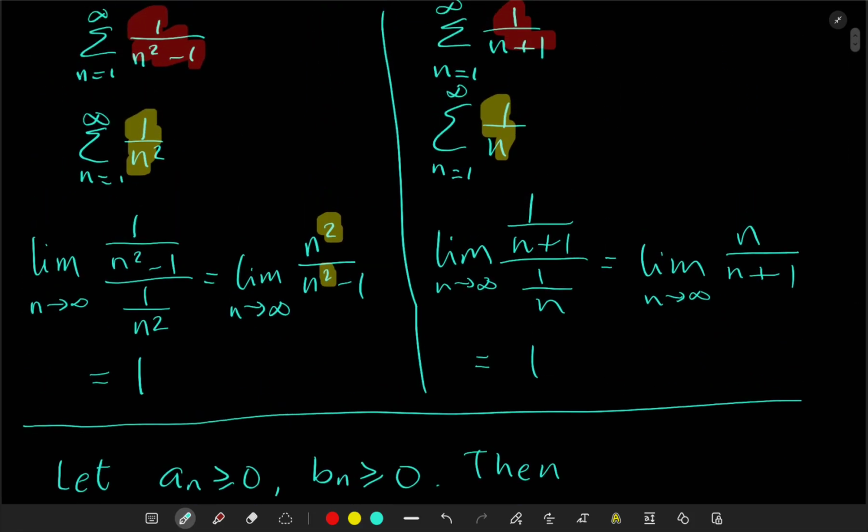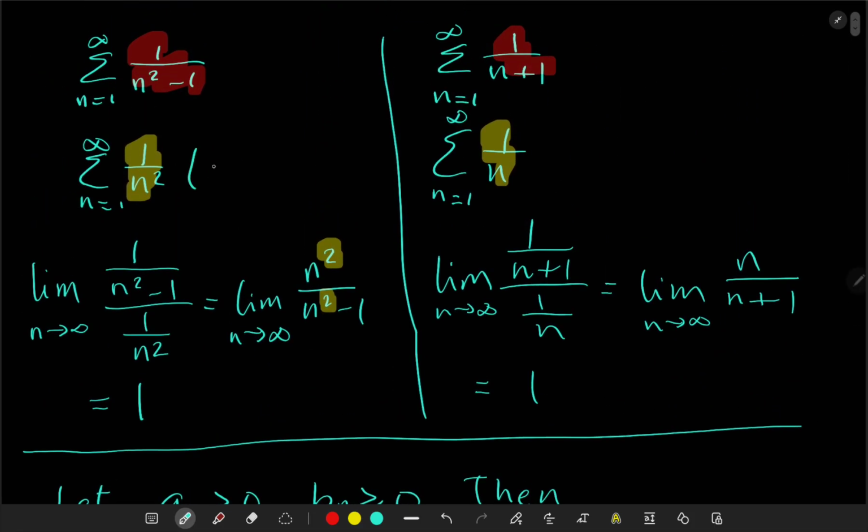So back to our two examples, you see we knew this one converges, and we knew this one diverges. Then we went ahead and did the ratio of an over bn, and the order didn't matter, as I said, because the limit is not 0 or infinity.